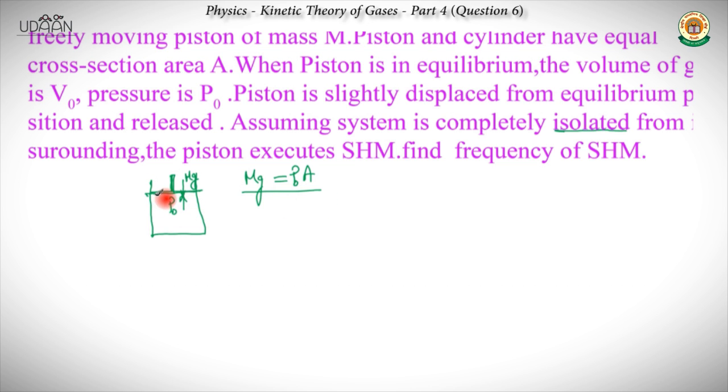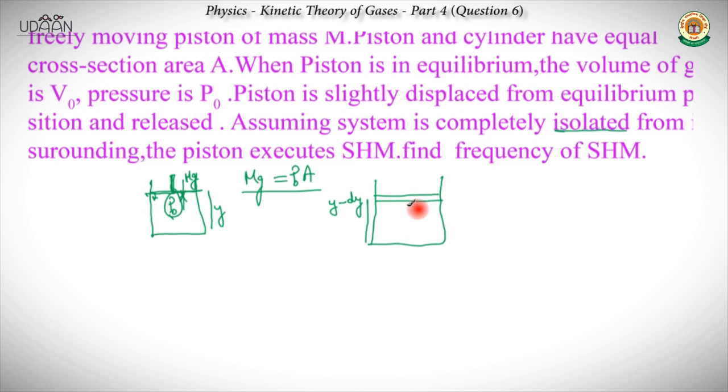Now if we just push it a little bit downwards, then some thermodynamic process would happen, because of which, like this was y, this is y minus dy. So some pressure change would happen, because of which it would try to go back into equilibrium, because pressure was the only one responsible for holding this up, opposite to mg.